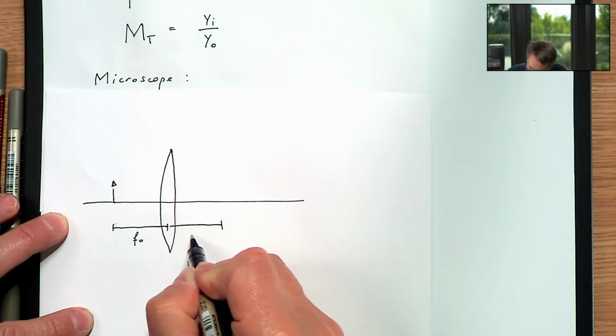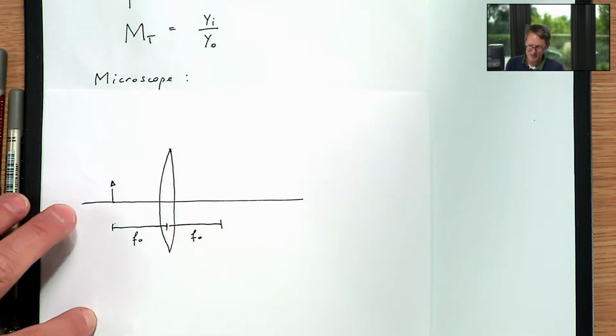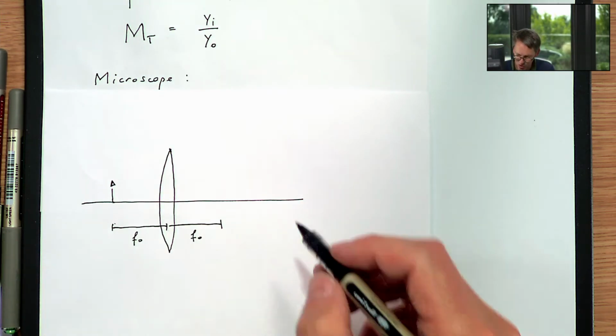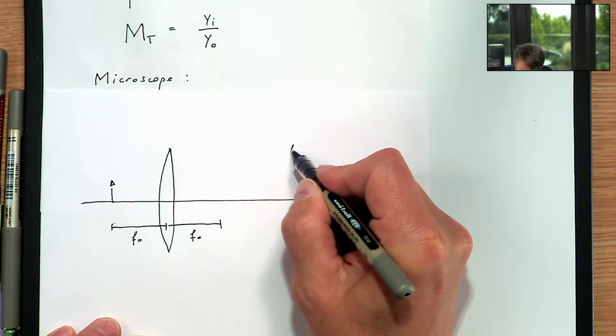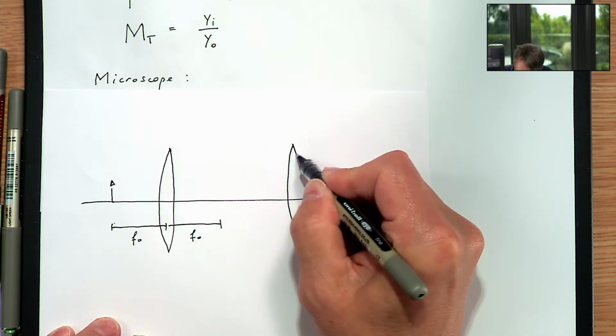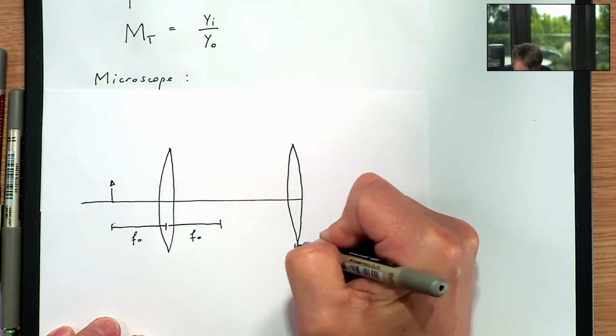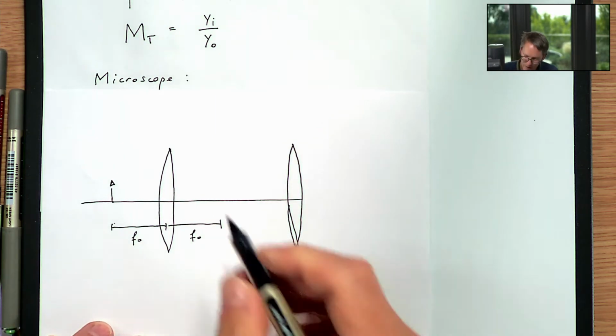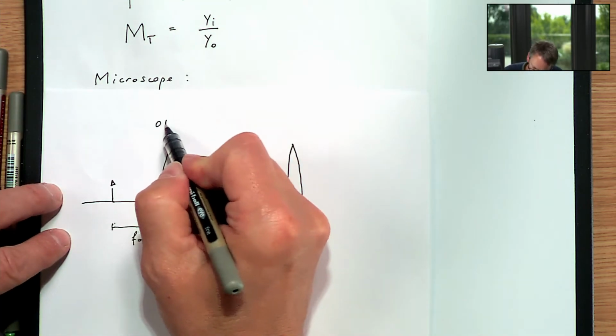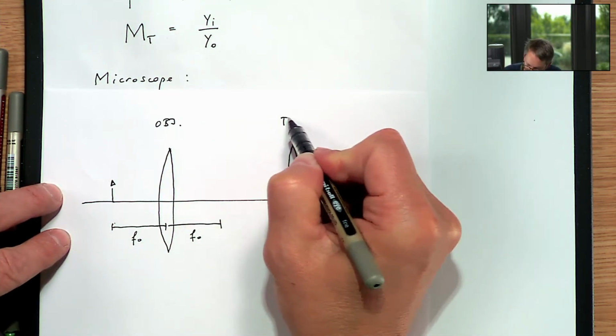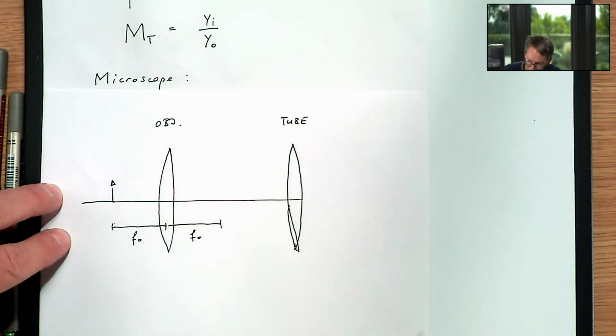Then we go to the back focal plane, again f0 for the objective. And then there is a tube lens. I've drawn this badly, please forgive, but you get the picture. This is called the objective, as we said. This is called the tube lens.